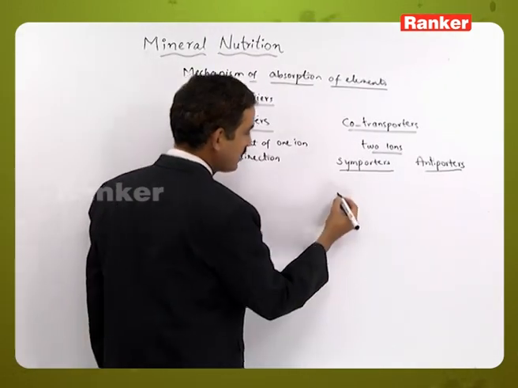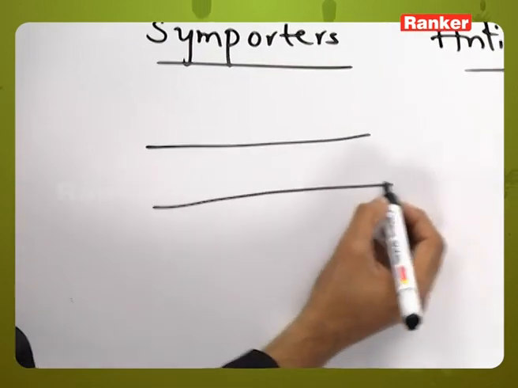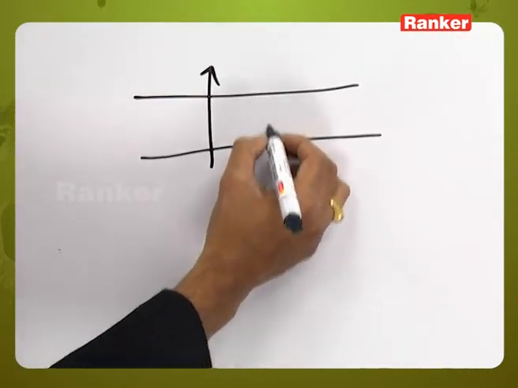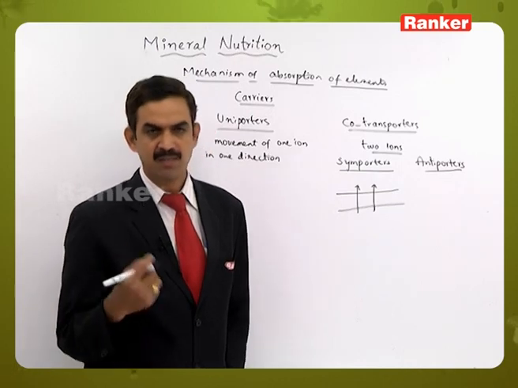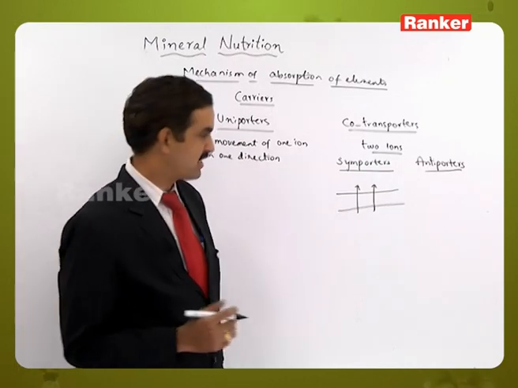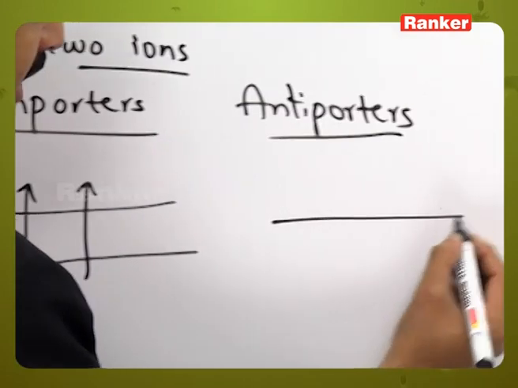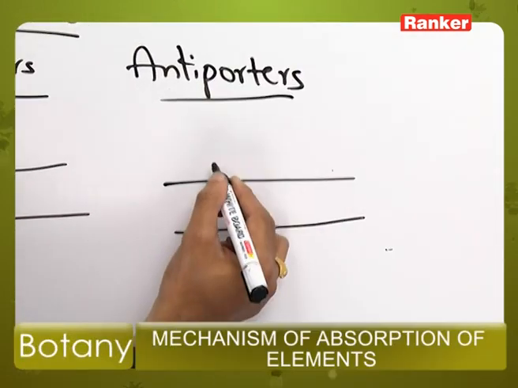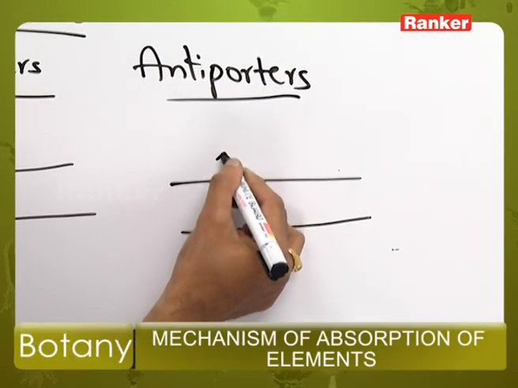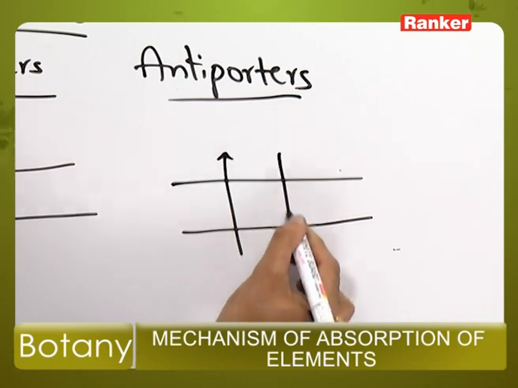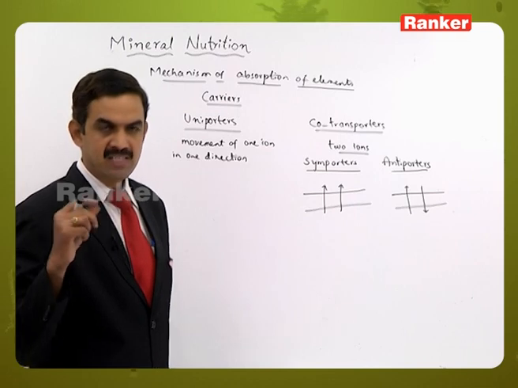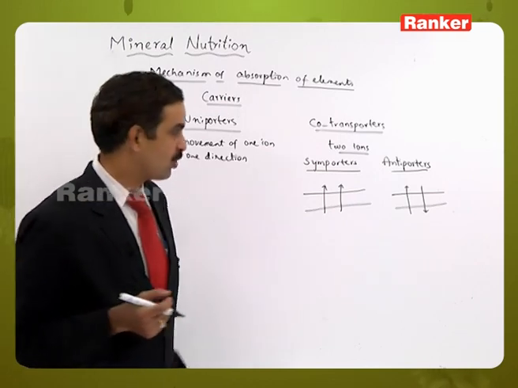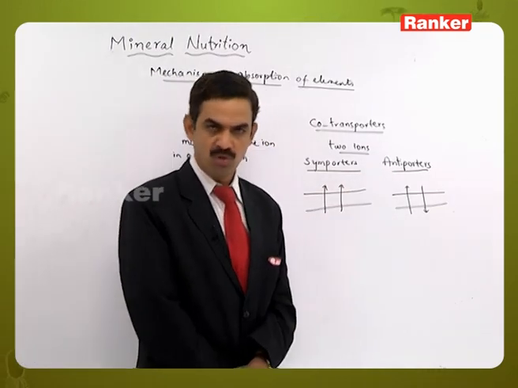Symporters are the ones in which two ions move simultaneously in the same direction, either from inside to outside or from outside to inside. In antiporters, two ions move simultaneously, but one moves from outside to inside and the other from inside to outside. They move in opposite directions, so we call them antiporters.